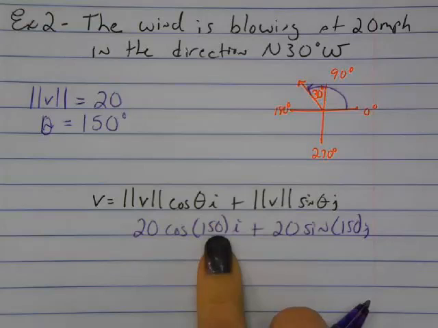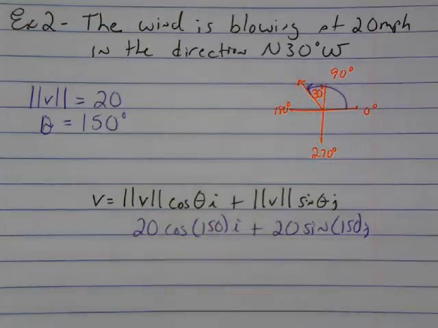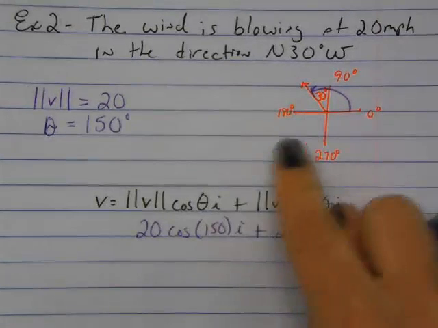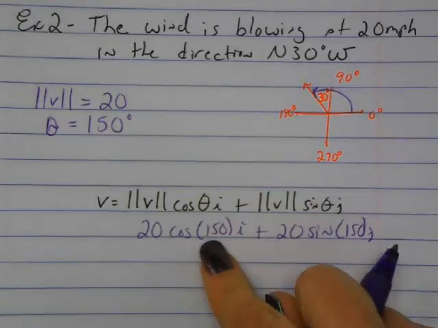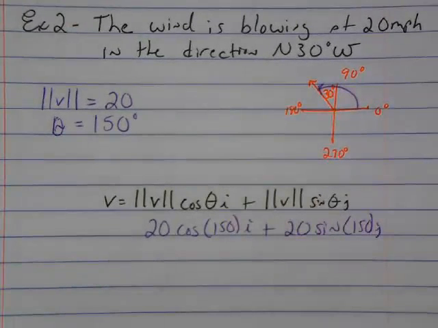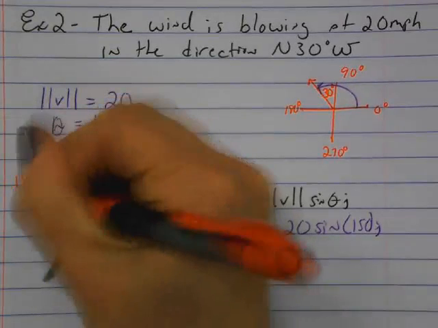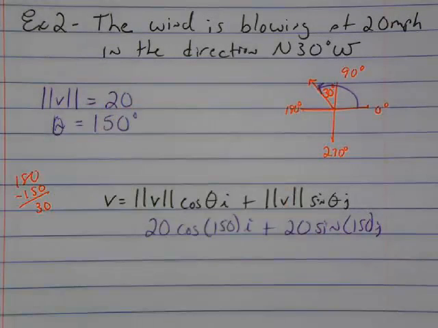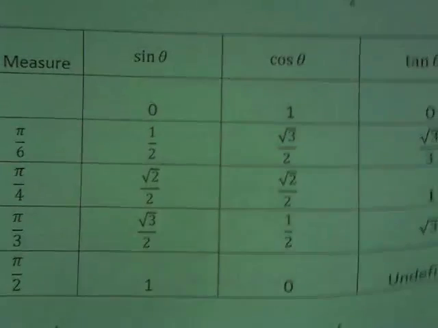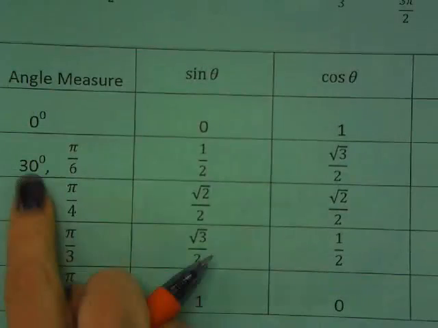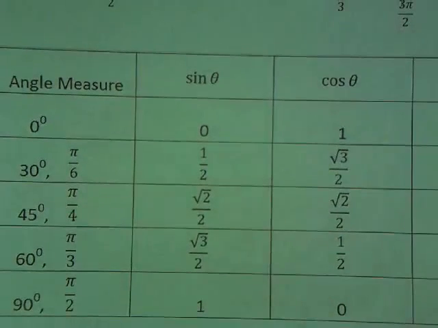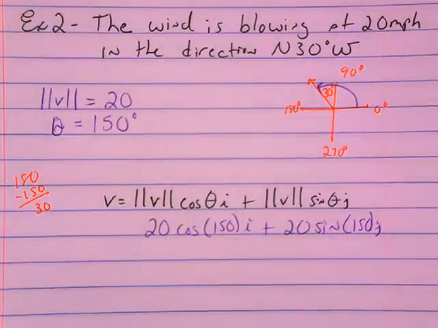Well, you say, wait a minute, 150, that's not one of my angles, or is it? So how do you find out what a 150 degree angle really is? Shouldn't I do 180 minus 150 and find out that it's really a 30 degree angle? So now look at your little table. I want a 30 degree angle. I need cosine. But be careful.